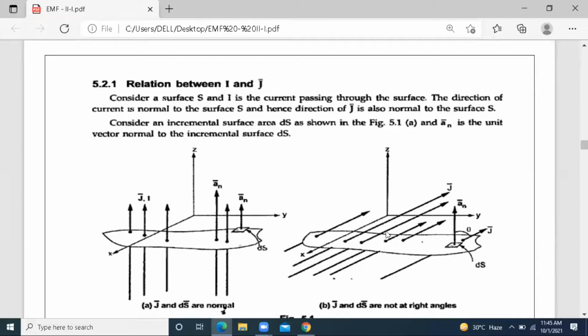So if you capture your current density here, you have to resolve it into a normal component and a tangential component. So which formula are we going to reach for? You tell me which formula we're going to reach for.